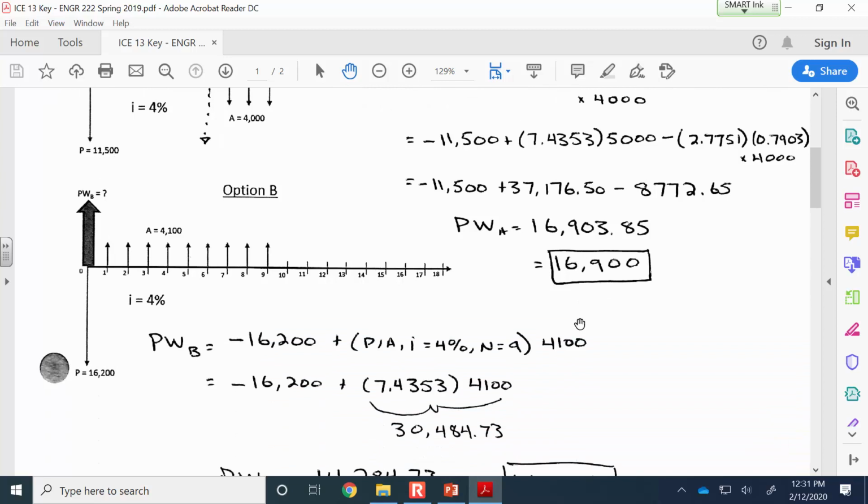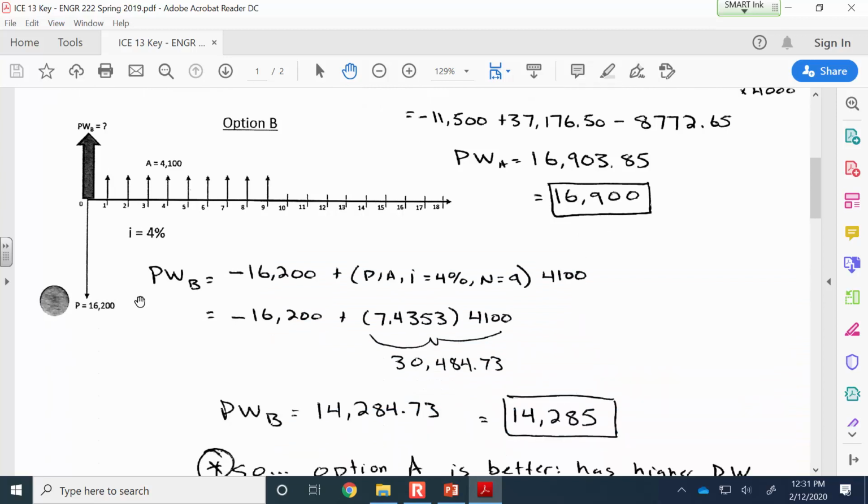For option B, this is an easier one. We just have to find the present value of the annual series and combine it with the cost that was already at year 0. So again, I rounded off. This time, the factors that I have, there's 1, 2, 3, 4, 5 digits in that factor.